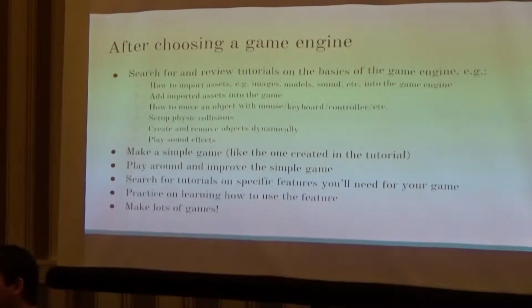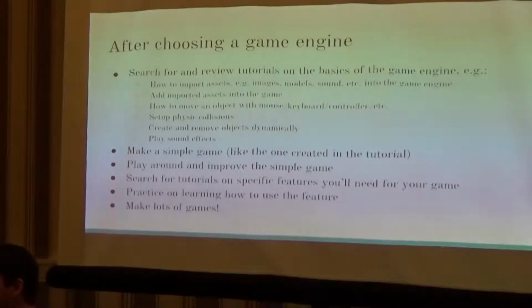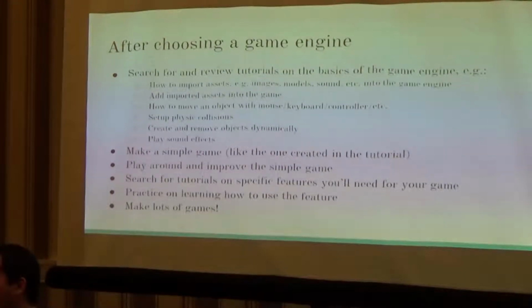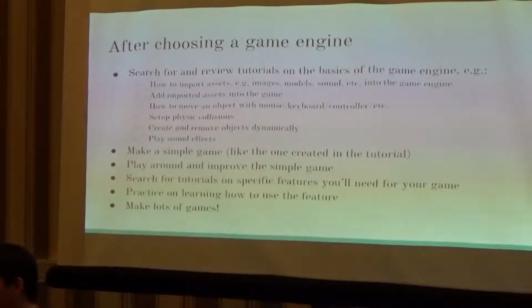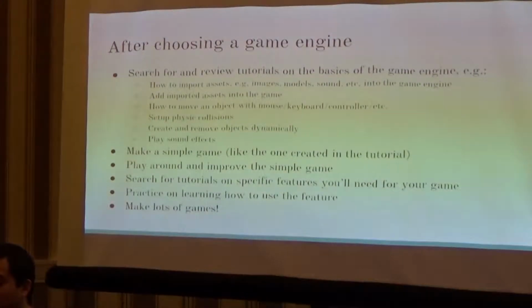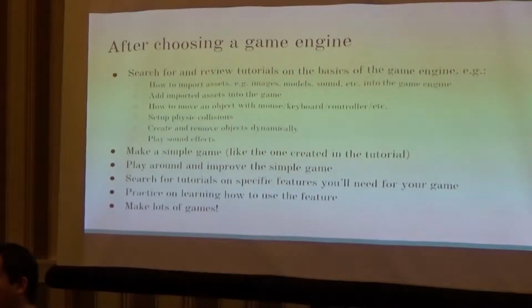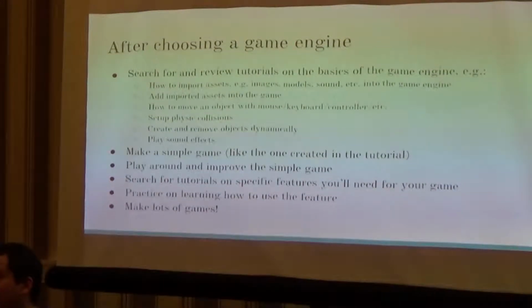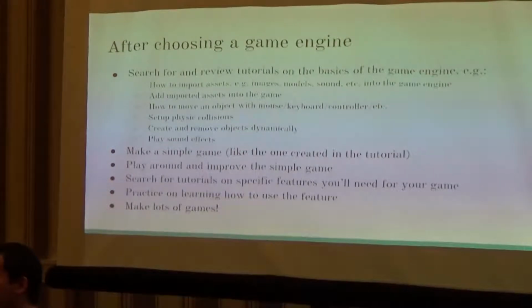A lot of game engines have a very specific workflow for that, while others it's just copy and paste it in a folder. Done. So I'd look that up. Then add the imported assets into the game, so you can actually display them on the screen or play them in the game. Then learn how to move an object with a mouse, keyboard, or controller, whatever input controls you're looking for.